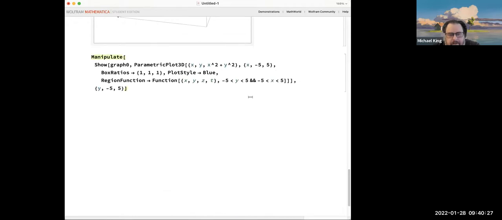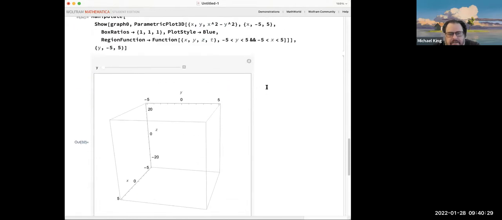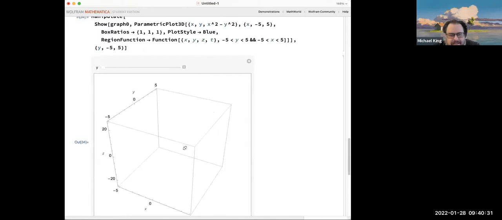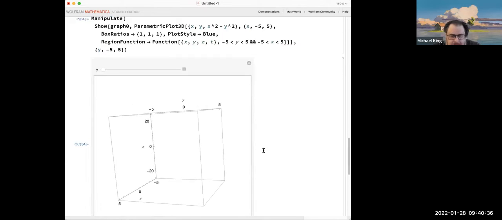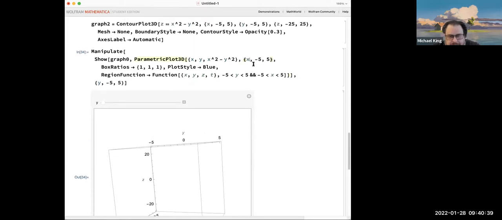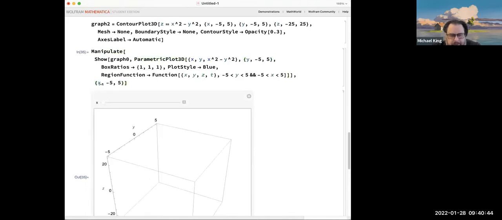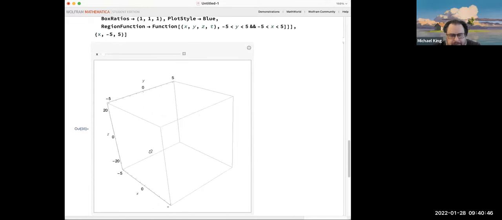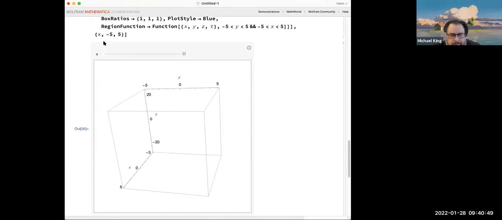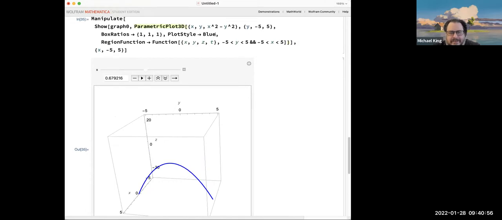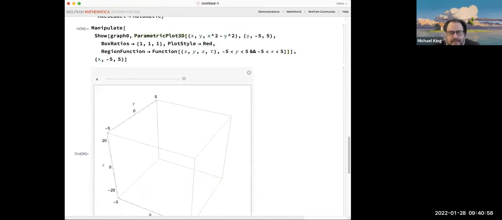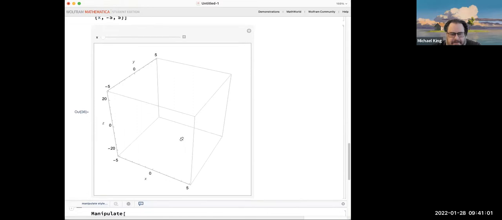Okay, so let me do this one more time, switching the X and the Y back. So what I was saying is we get these parabolas downward facing sort of, oops, it's still blue. I didn't turn it back to red. Every time I have to reset the whole thing.